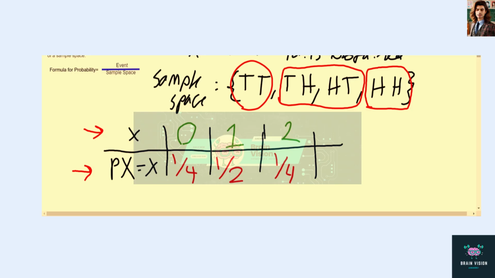Now let's double check our table. All of our probabilities are between 0 and 1. Excellent. Now the sum of our probabilities, or the total, well, that's 1/4 plus 1/4 gives you 1/2, plus another 1/2. We have 1.